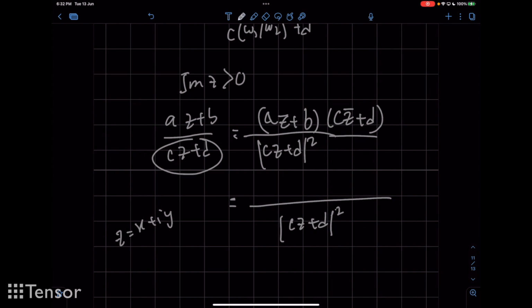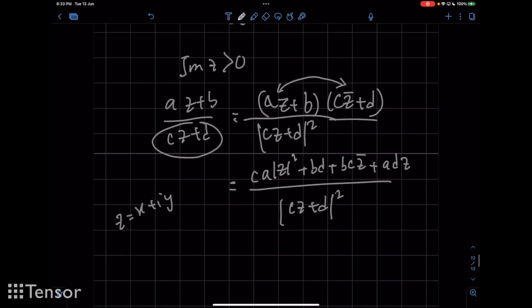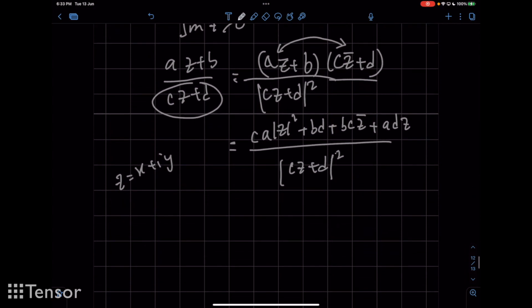So first of all, we can multiply these two and we get a real number, ac z mod square plus bd. So this is the real part. And in the other part we get bc z plus ad z bar, right? Since this is the real part, we don't need to worry about that, because we are only interested in the imaginary part.